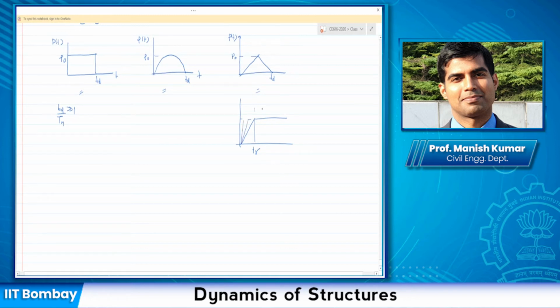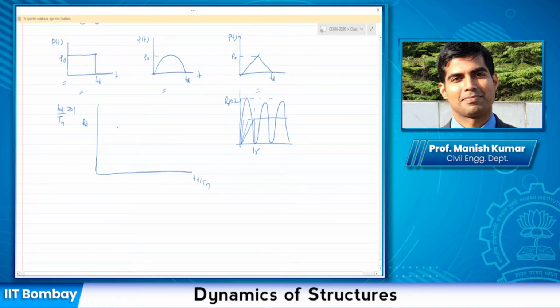For a sudden loading, where TR was almost 0, your Rd was approximately equal to 2. We also found that when we plotted Rd versus Td by Tn for the rectangular pulse.